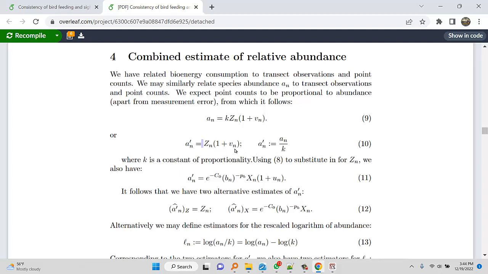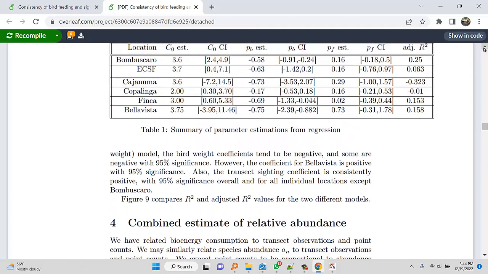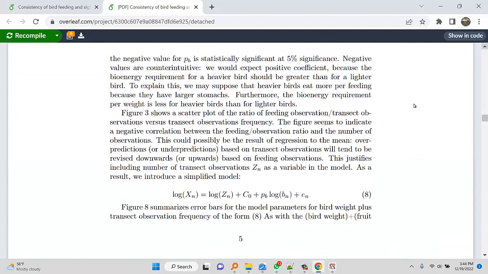Now this model depends on the point counts. Using the equivalence here that relates xn to zn, I can solve for zn and replace it with terms involving xn.